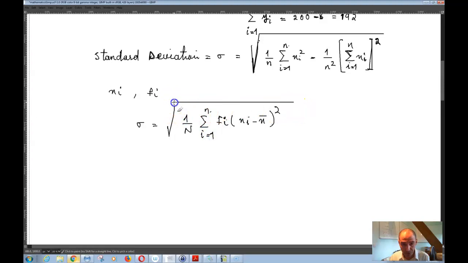You first calculate your x bar, subtract it from each x of I, raise that to the second power, multiply f of I by that, take the sigma of that divided by n, and take the square root of that, and you will get your sigma.